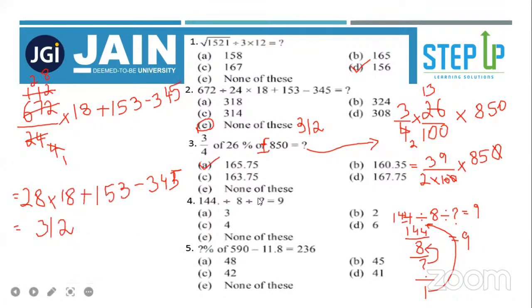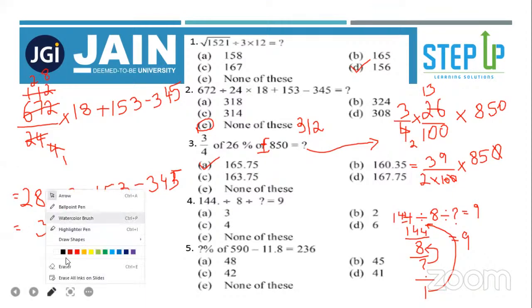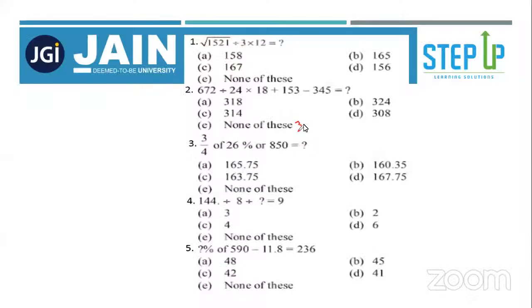So 144 divided by 8, how much? Or I can write it as, I'll just clear all the ink. 3, 1, 2, 3. 312, 156 is the answer.